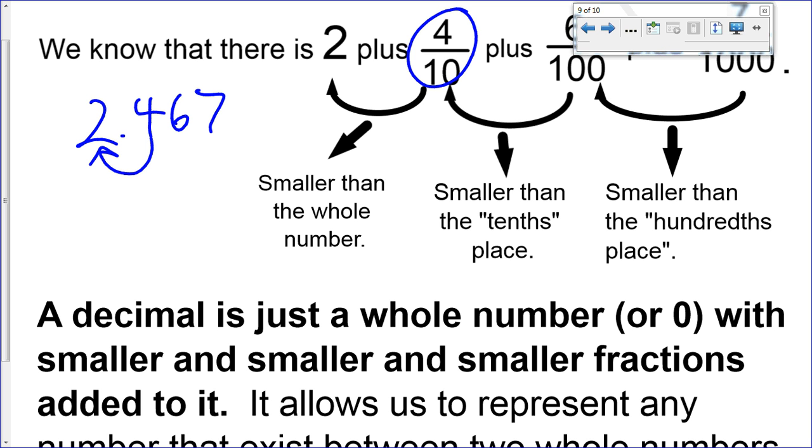As a matter of fact, the sum of all these, all the way out through here, we can write as many as we want, can never even add up to one. It can come really close, but it can never even add up to one whole number.